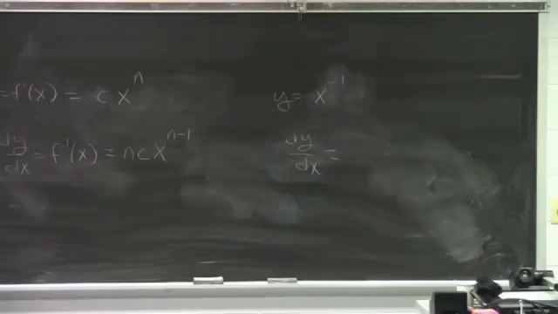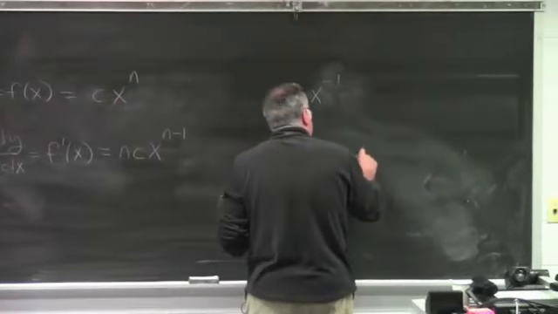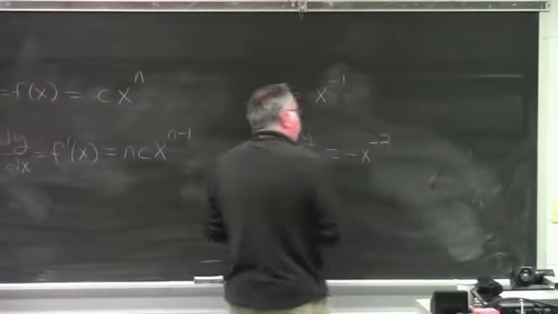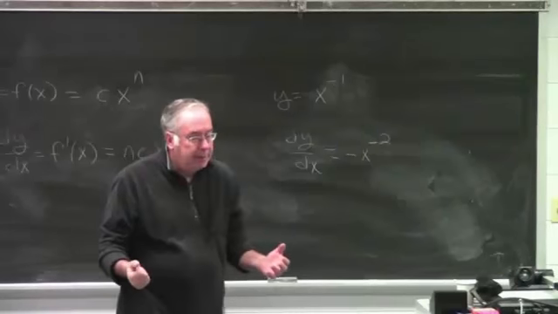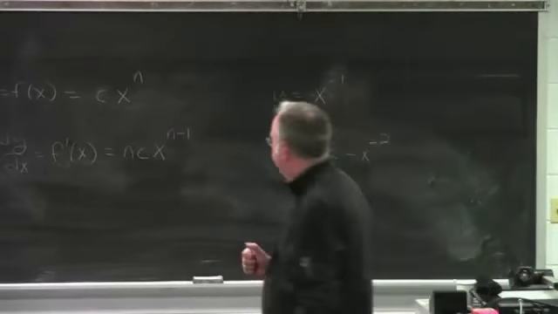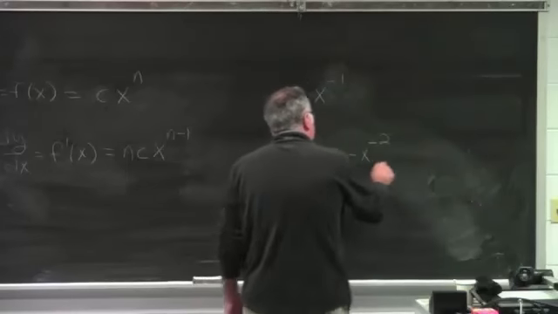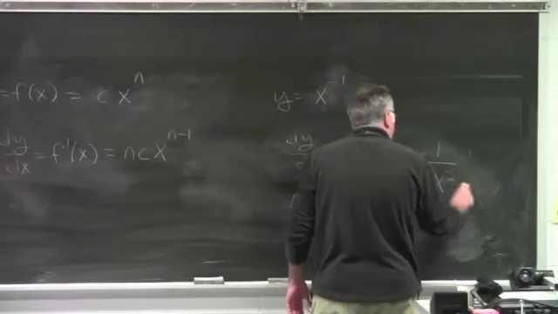Okay, yes. It would just be bring down the minus 1. So it's minus x to the negative 2. Which is the same thing as x to the minus 2 is the same thing as what? 1 over x squared. Okay. So this is the same thing as a minus 1 over x squared. Okay.